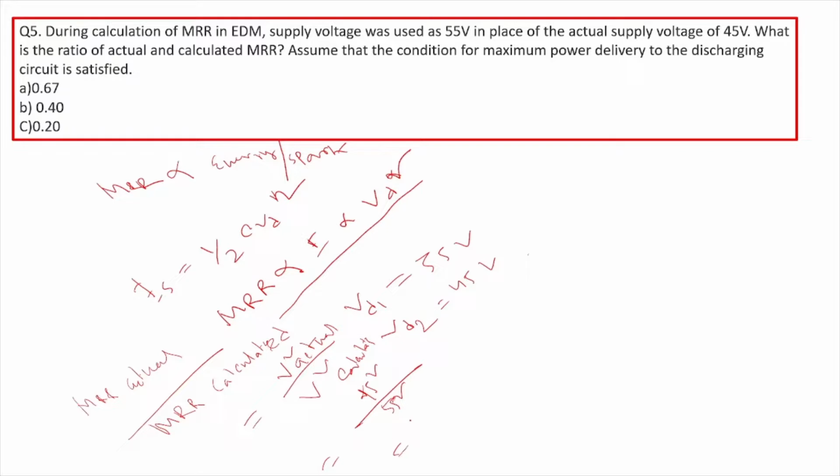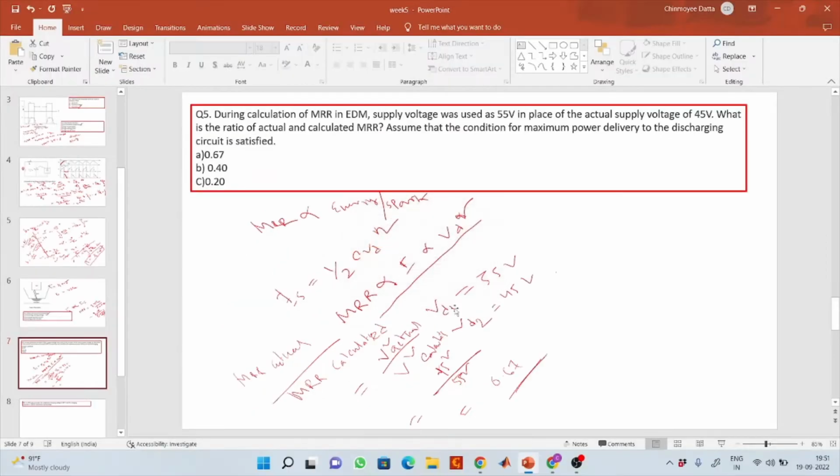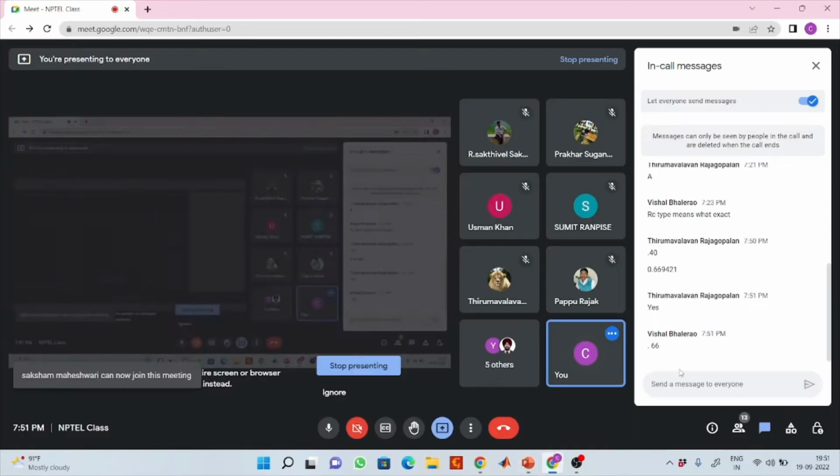Anyway, if we calculate 45 squared divided by 55 squared, we'll get 0.67, right? Is it correct?